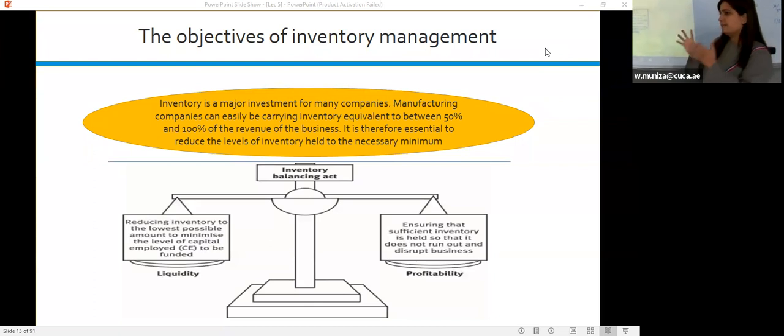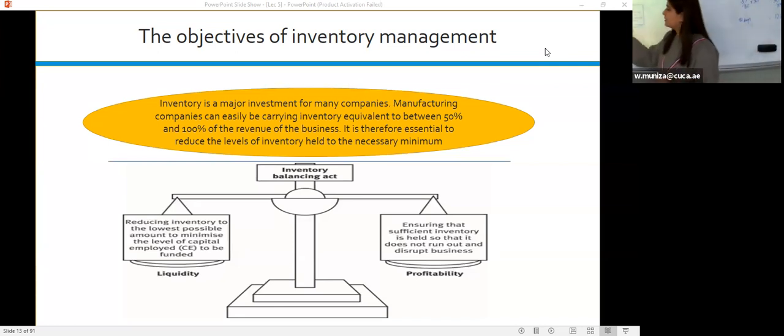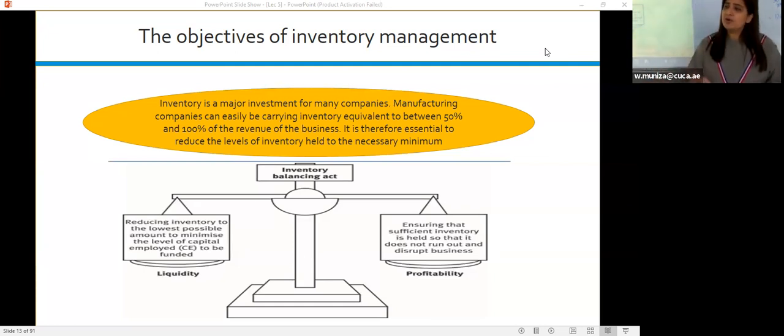On the other hand, when the company is trying to be more liquid and is not investing in inventory, whenever there is an urgent order, the company would not be able to fulfill it and will not earn the sales revenue out of it. And if the company is not focusing on profitability, the stakeholders and shareholders of the company would not be happy, and return on capital employed would be decreasing.